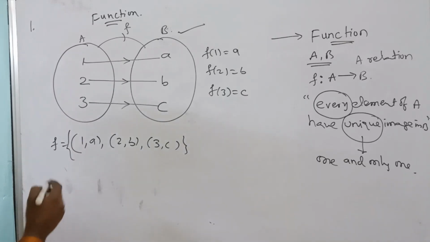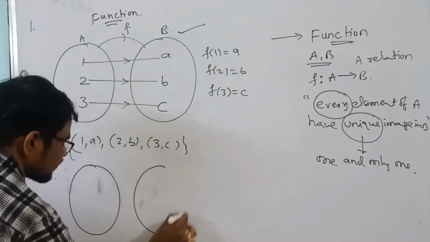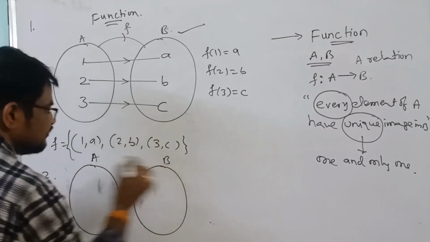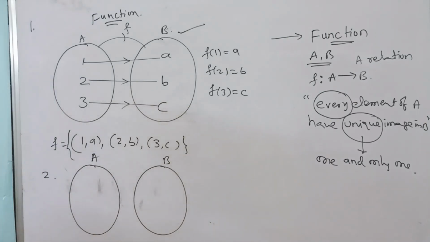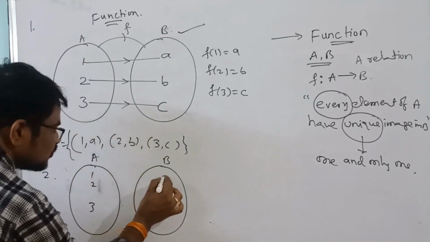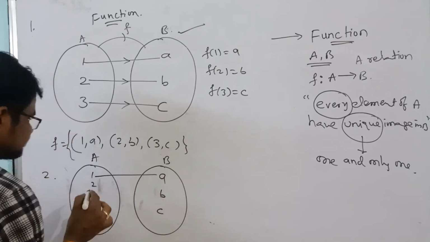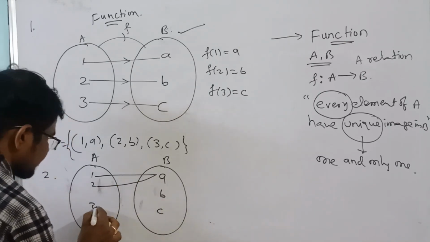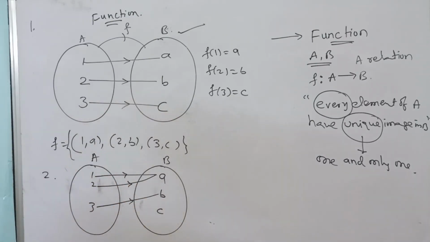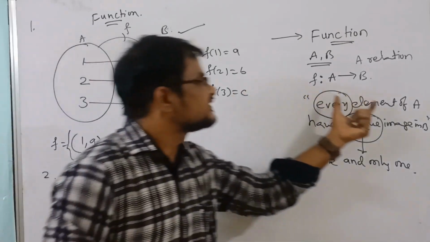Now come to the second example. Here this has 1 to A, this has B, right? Now take 1, 2, 3, and here also A, B, C, like this. Is it a function? Check the same way: does this relation satisfy this condition?